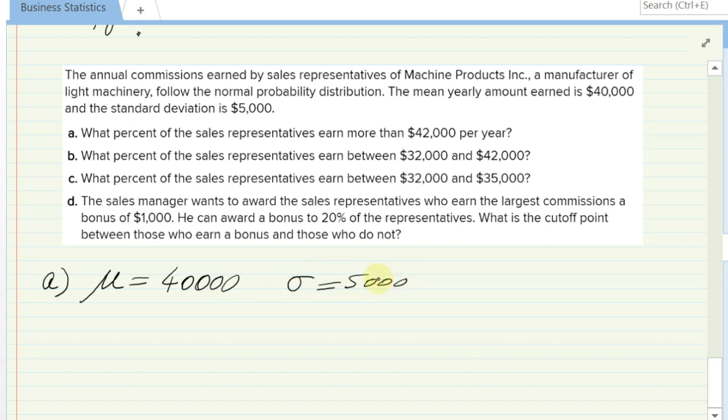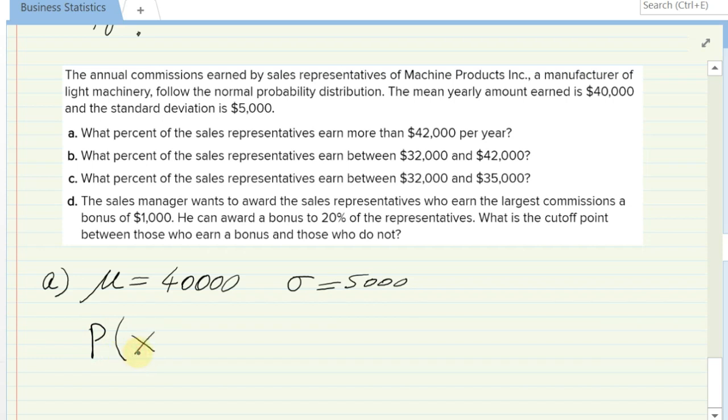Okay, in part A, what percent, and the word percent in this line of work, for us, it means probability also. You can translate it into probabilities. What percent of sales reps earn more than $42,000 a year? So that would be probability. So the random variable X is the amount a sales rep earns.